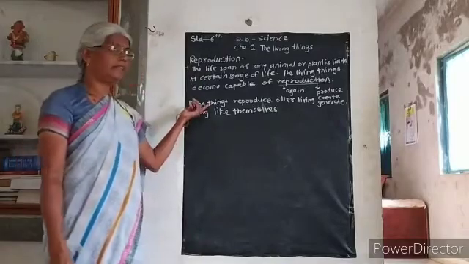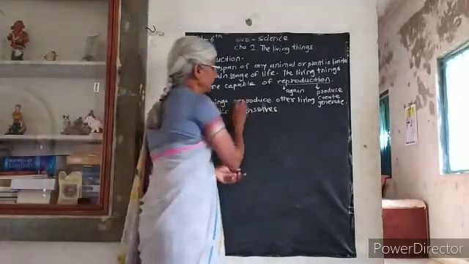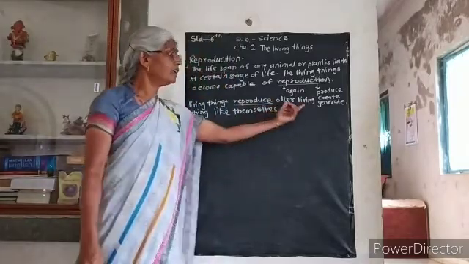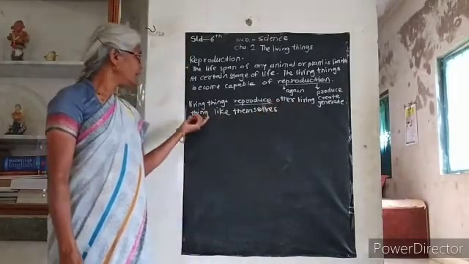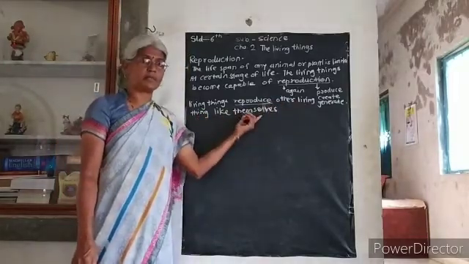See again, the living things reproduce means they can generate other living things, a new living thing, but that living thing is like themselves.